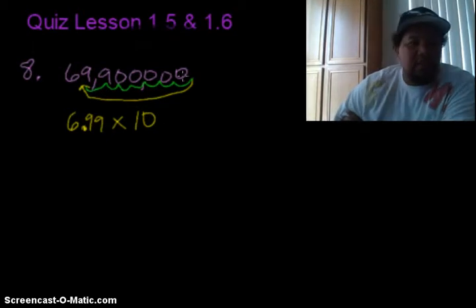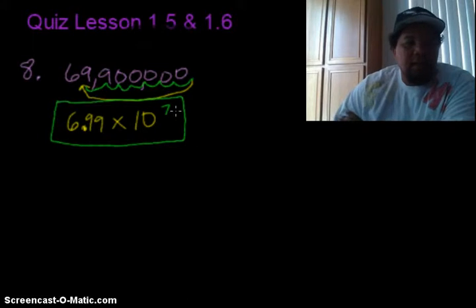And since it's a big number changed to scientific notation, we leave it as a positive 7. So we got 6.99 times 10 to the 7th as the scientific notation.